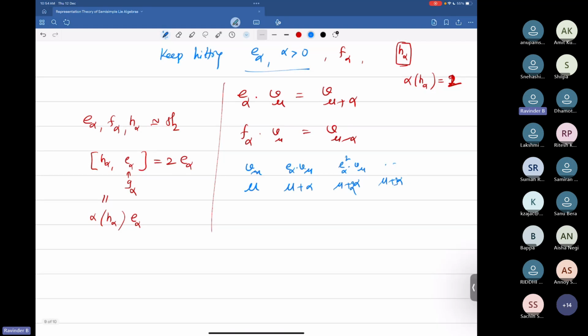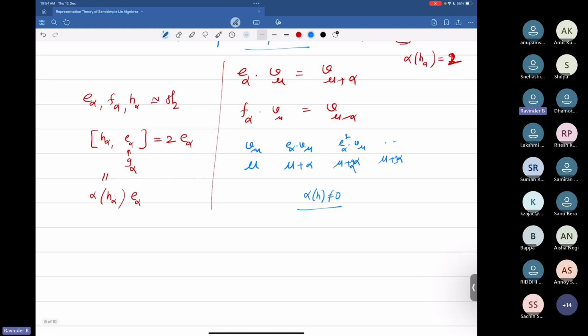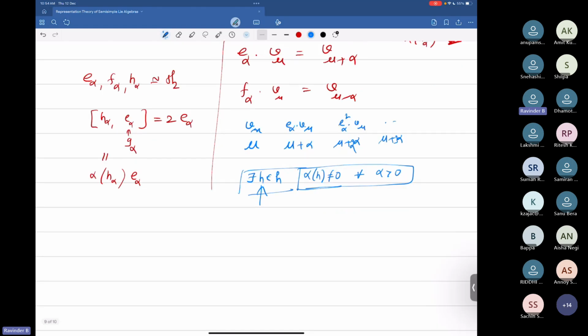So you can get it where there is some element of h where alpha of h is non-zero, namely H alpha, if you want. But not only one fixed alpha, right? You keep on hitting with many various E alphas. So you need one element h that works for all positive roots. This is a dual Weyl vector, which is rho check, possible. So if you evaluate it, you get that all have.